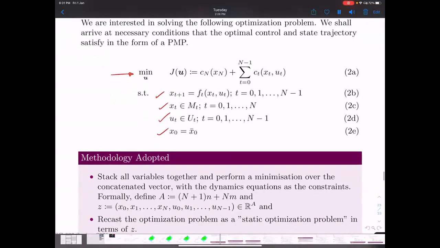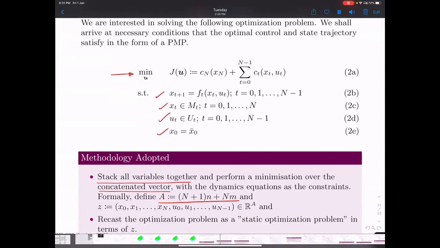As I mentioned before, we stack all the variables together and perform a minimization over the concatenated vector. Recall I had said that the whole state space now becomes the string of such variables.